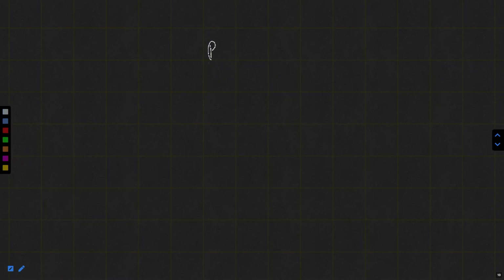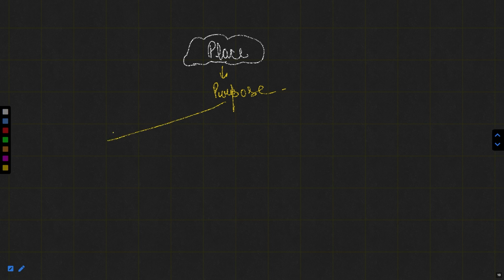Suppose we are talking about any place. Now this place is made to visit for some purpose. If we visit any place, we visit it for some purpose. Now the place that we are visiting can serve two types of purposes.